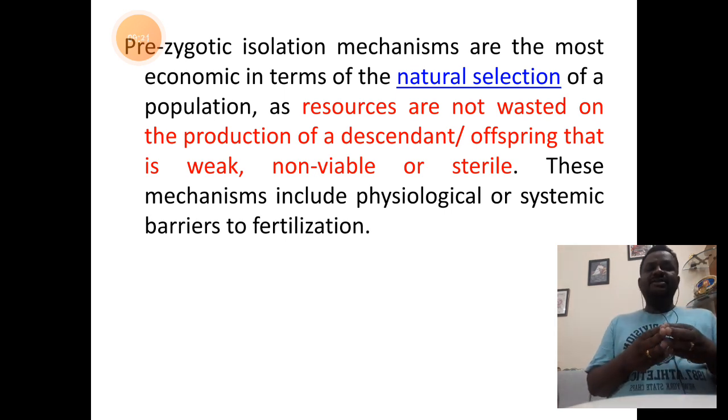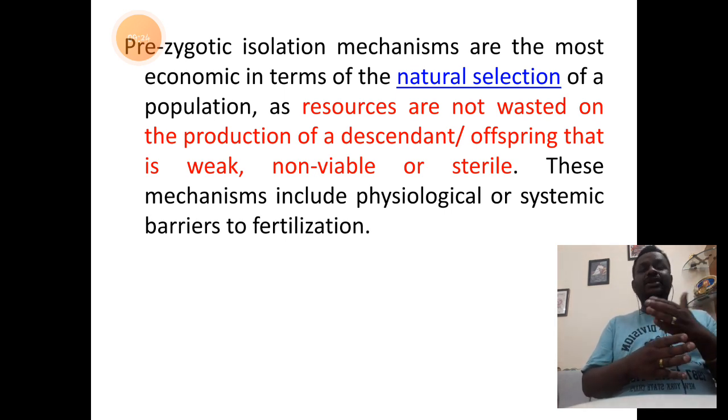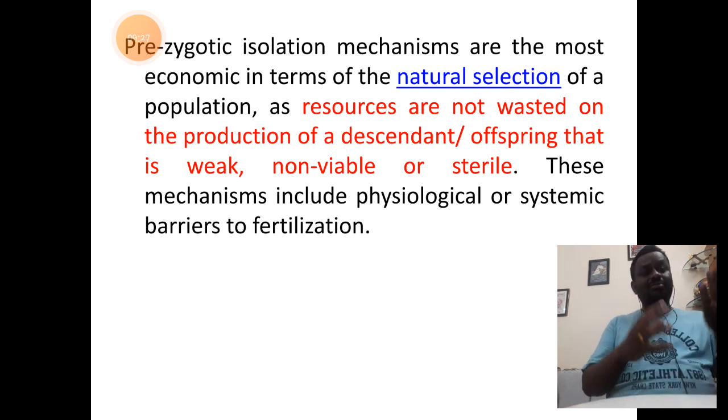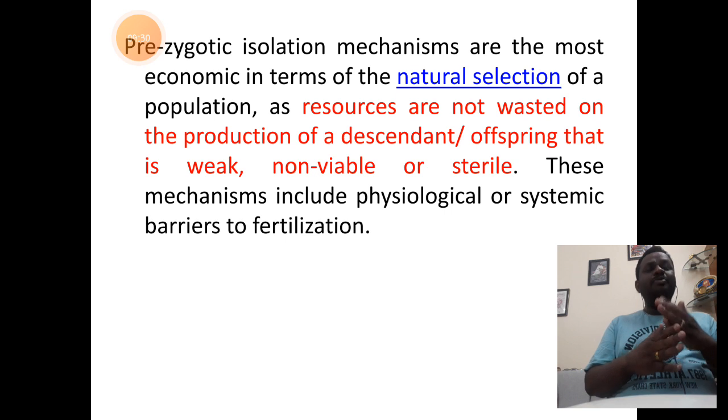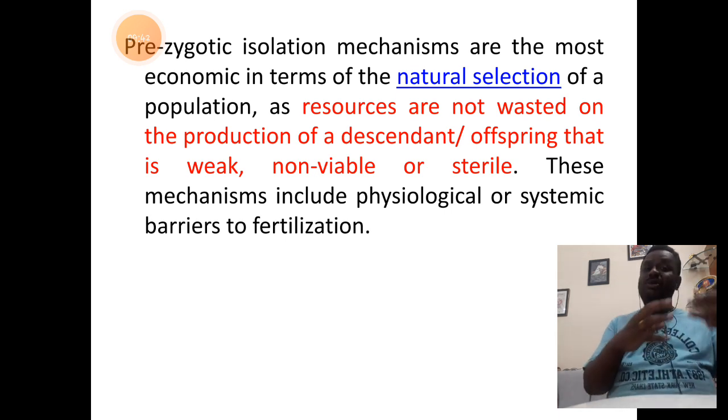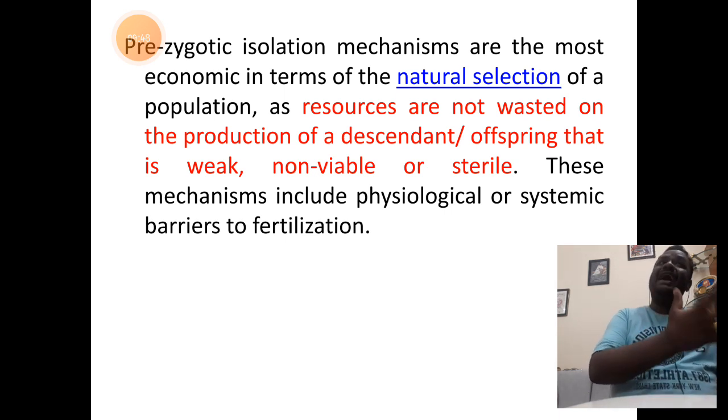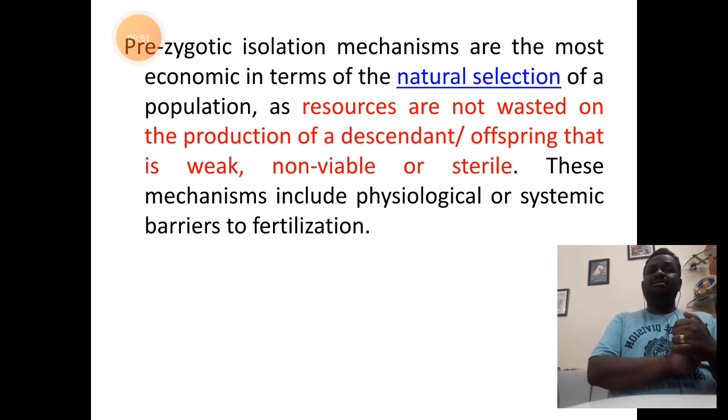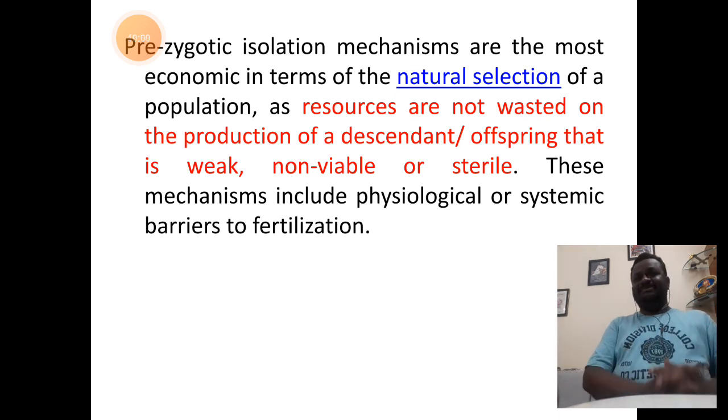The isolation mechanisms of the pre-zygotic type will help nature to stop the wastage in the production of either gametes or zygotes which are weaker, inviable, or not strong, or which may die, or may remain as a sterile individual. All these processes, it stops.